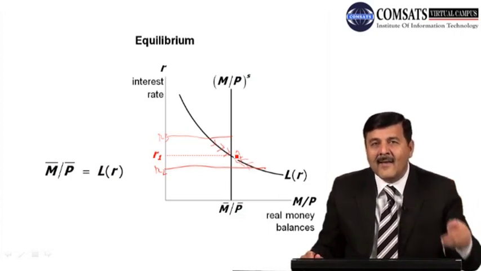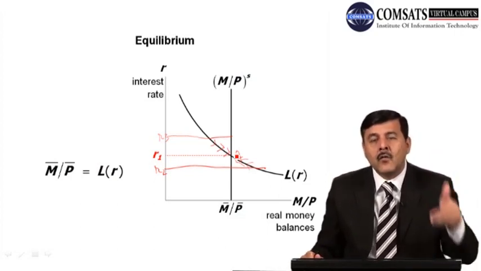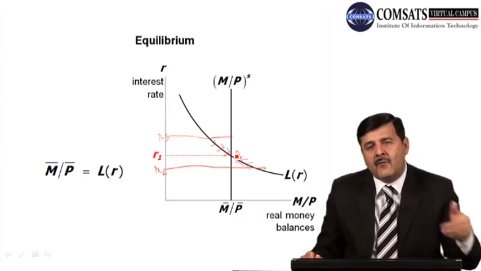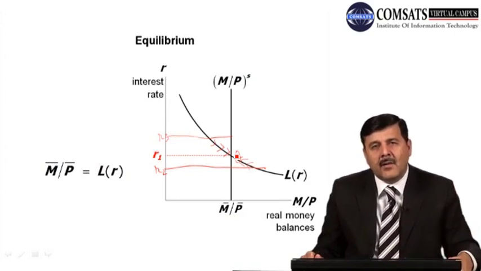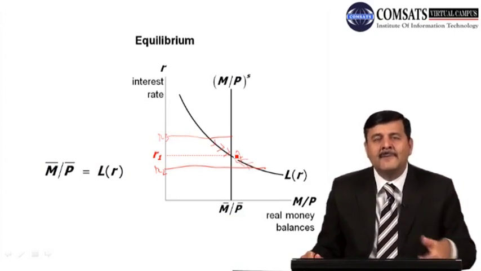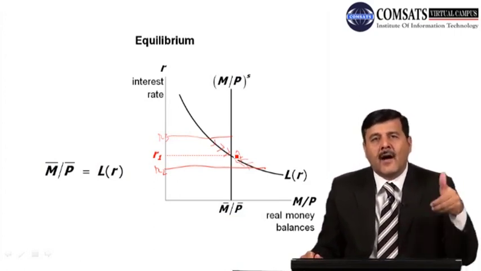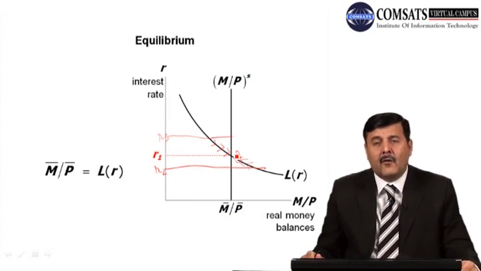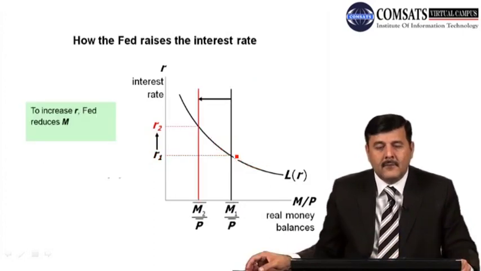So we can conclude that the money market is in equilibrium at the point where demand for money is equal to the supply of money, and that is point A. At that point the rate of interest is R1, and money supply and money demand is on the x-axis.